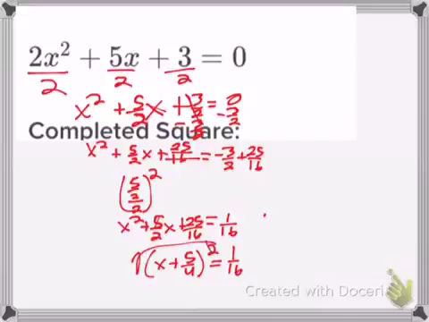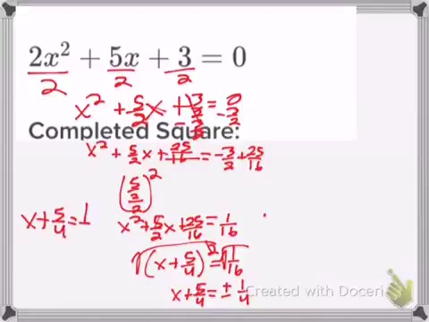Take the square root. The root gives me plus or minus 1/4. So I have two equations: x plus 5 over 4 equals 1/4, and x plus 5 over 4 equals negative 1/4. Subtract 5 over 4.